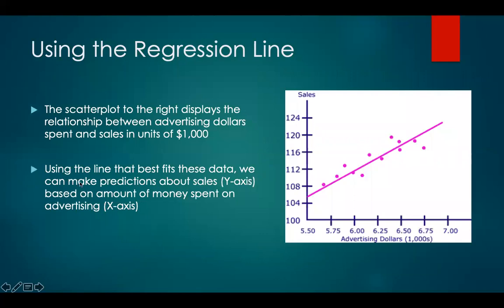So the scatter plot to the right displays the relationship between advertising dollars spent and sales in units of $1,000. Using the line that best fits these data, we can make predictions about sales on the y-axis based on the amount of money a company spends on advertising on the x-axis.